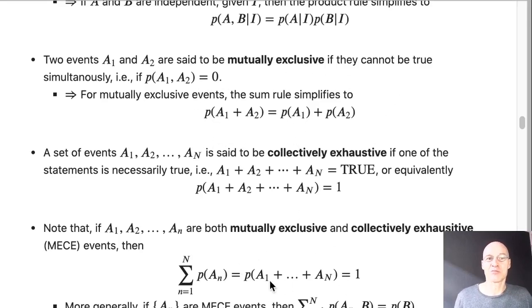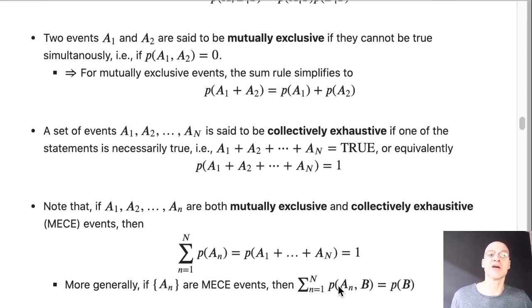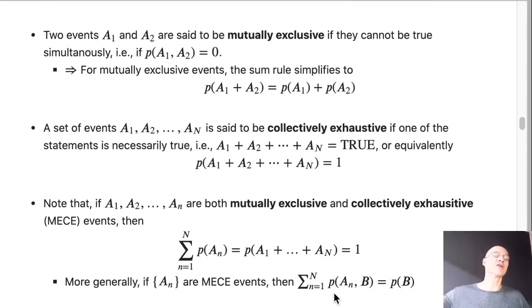But this probability must be 1 because A1, A2 through AN are exhaustive. So this sum now is always 1.